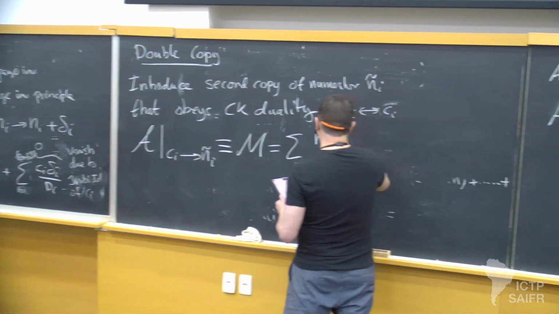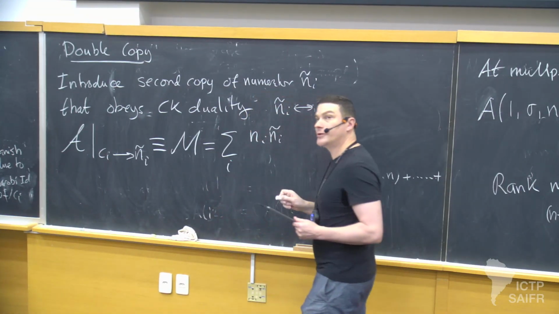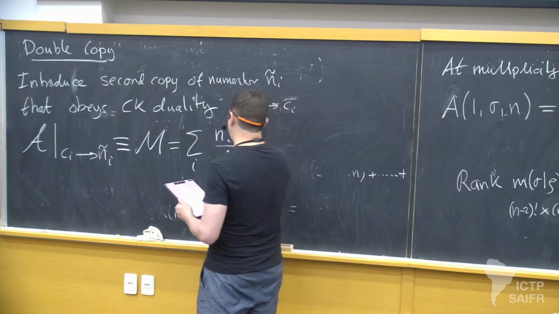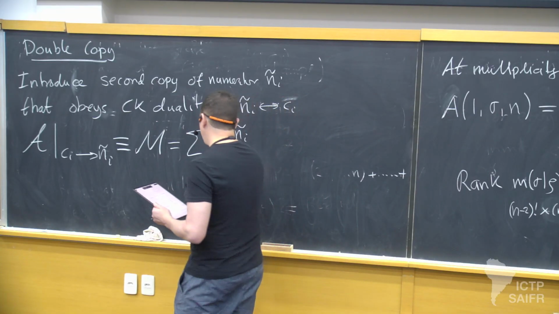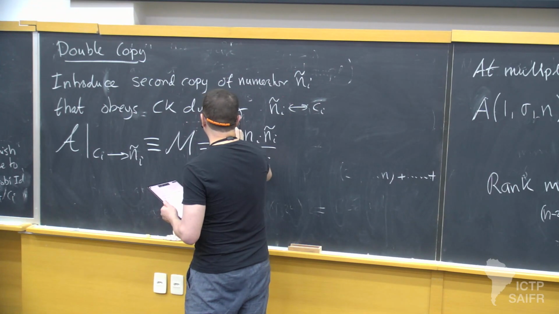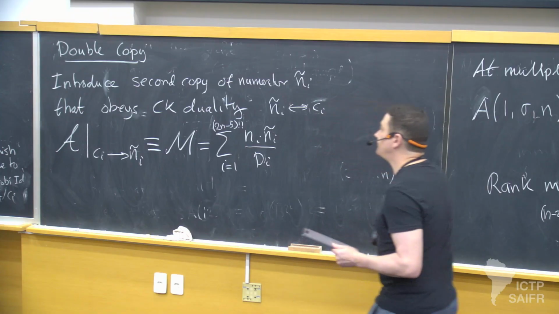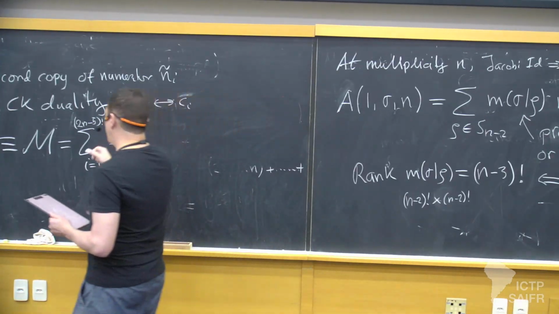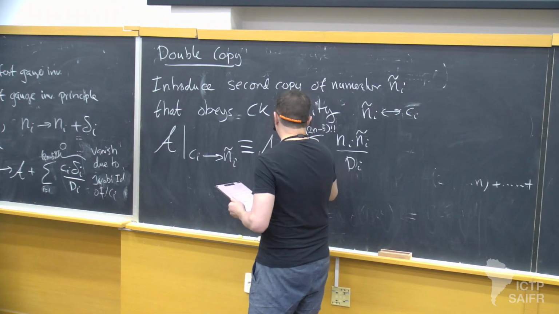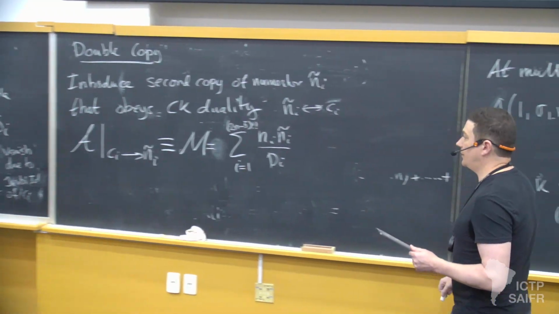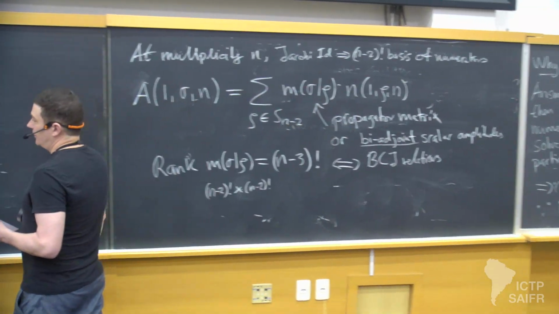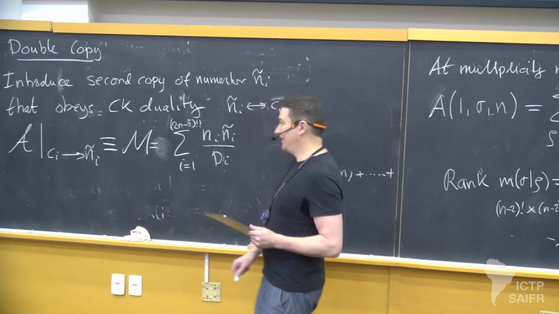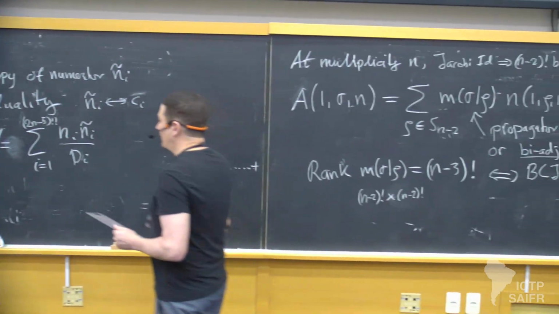So it's going to be a sum over two copies of numerators, n and n tilde. It still has the same denominators, and it's still the same sum. Let me just write 1 to (2n minus 5) double factorial. And just as David in his talk yesterday was saying, there are some issues with dimensional analysis, so you have to make up for that.